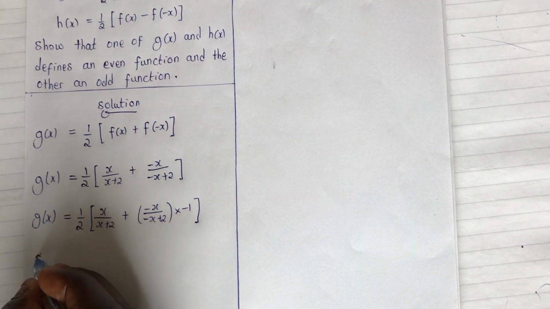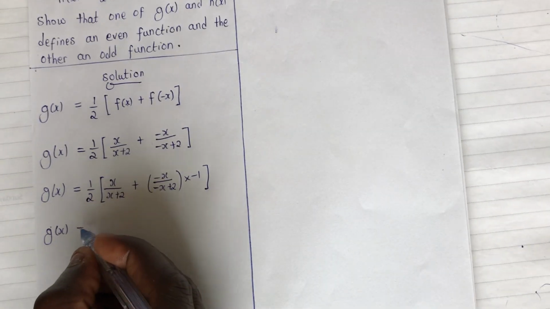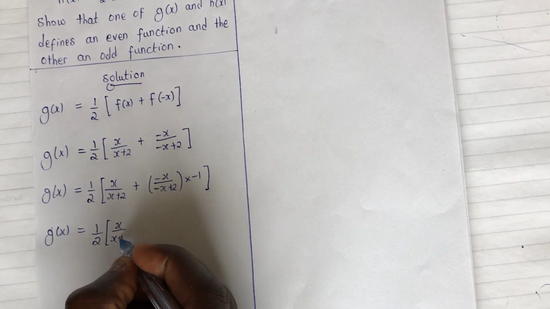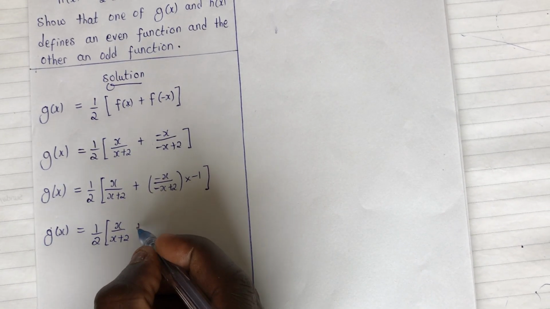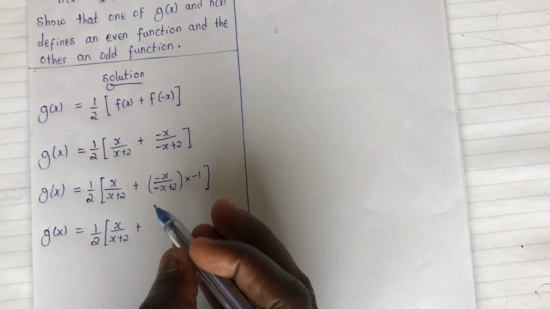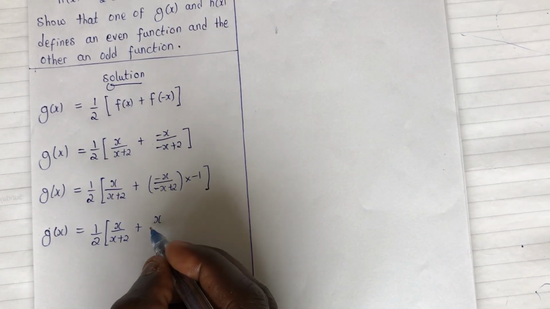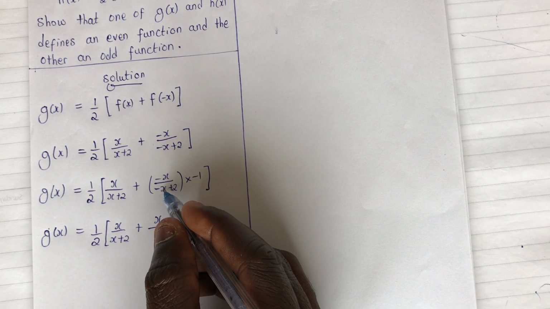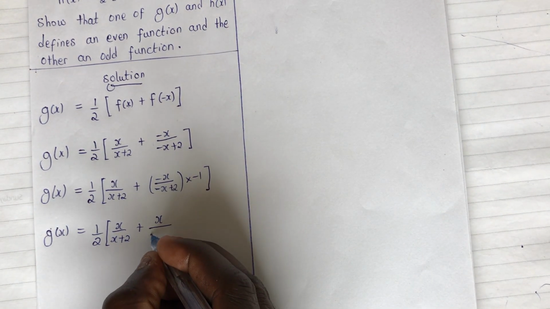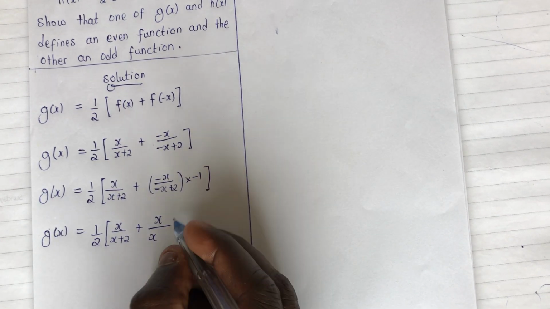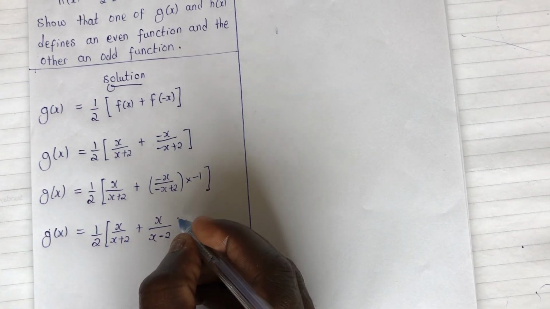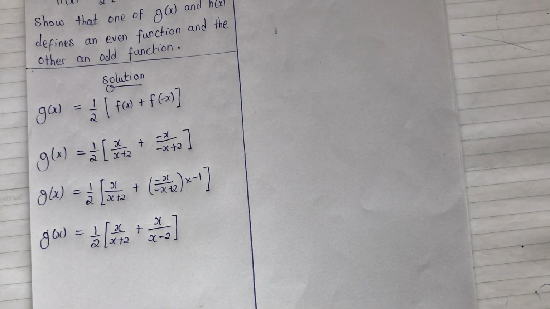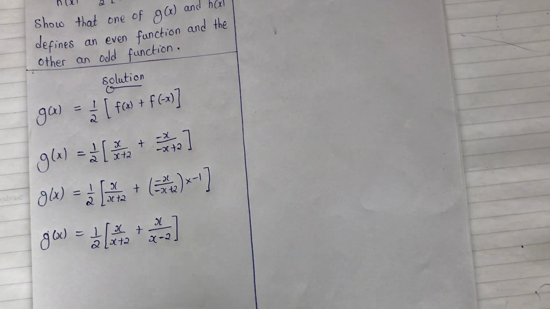So the whole equation becomes g of x equals 1 out of 2 times x over x plus 2 plus -1 times this will give me positive x all over -1 times this will give me positive x. So it will give me x, and -1 times 2 will give me -2. So now this has become a positive function. Now since it is a positive function, I can now work on it.